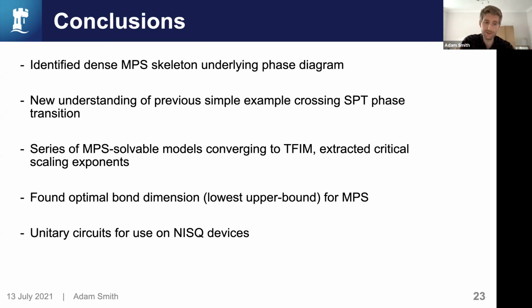So it's not just that we have an existence, we have an optimal construction for these MPS. And in certain circumstances, we can construct unitary versions, which are potentially exponentially more efficient than the classical counterparts when used on a quantum computer.